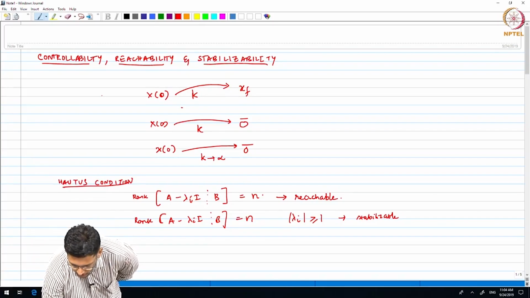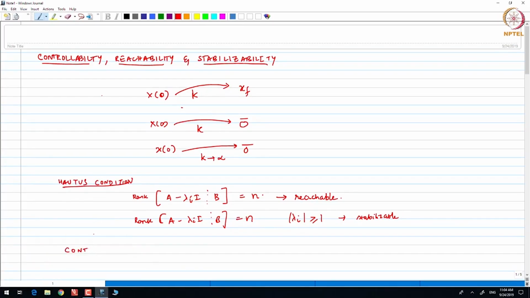And to check the controllability, we have the controllability matrix C, which is [A power n minus 1 B, A power n minus 2 B, and so on]. The row rank must be equal to n. So in the previous lecture he must have derived how you get this matrix.